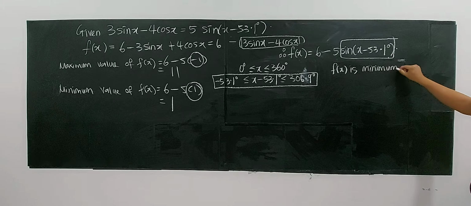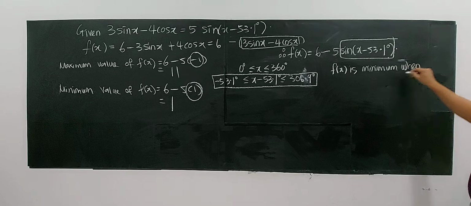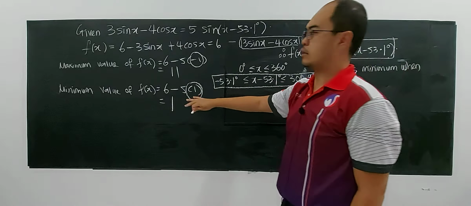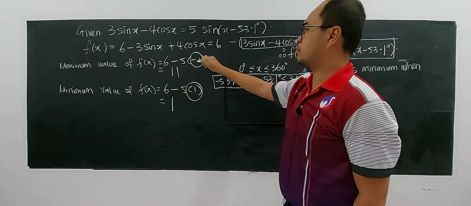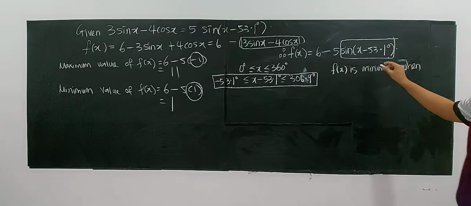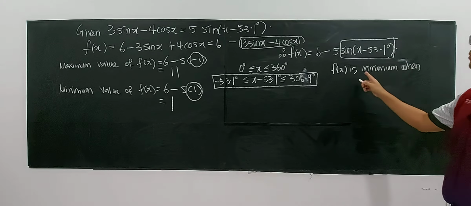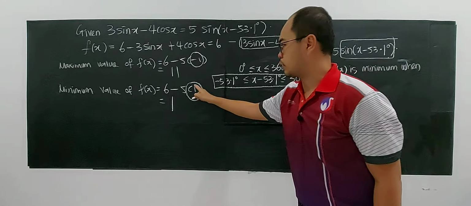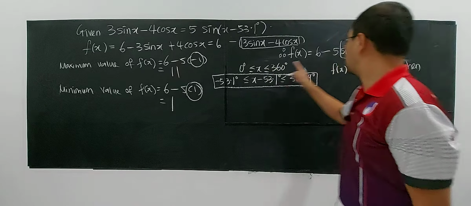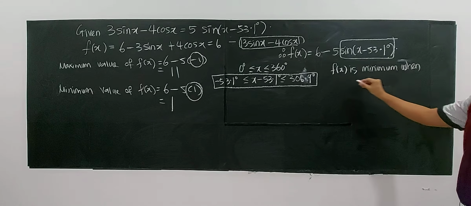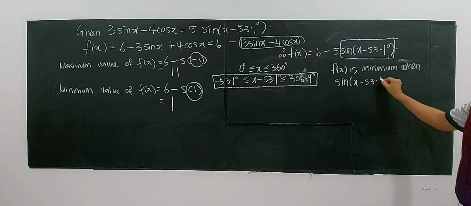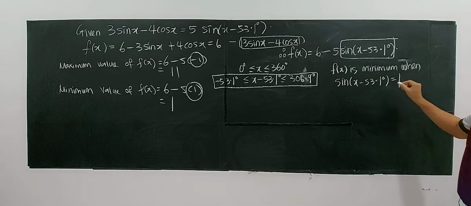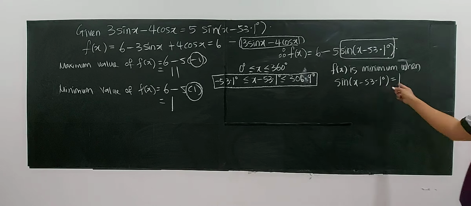You always refer to this one, right? Previously this was the value causing it to be maximum. Now it's minimum, so when you put 1, you're getting minimum. So it means sine(x - 53.1 degree) equals 1. It's minimum when this one is 1.